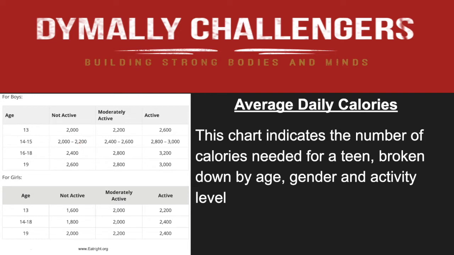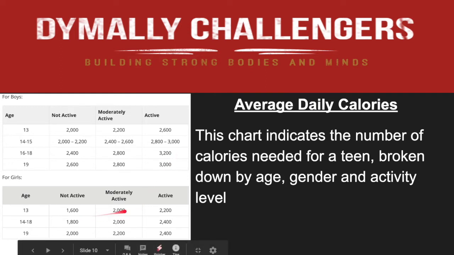Like the most activity you get is walking from your bedroom to the bathroom and back, right? Moderately active is someone that's walking half hour to an hour a day, and active is activities above and beyond that. Okay. So these are the number of calories you need to sustain your body functions.